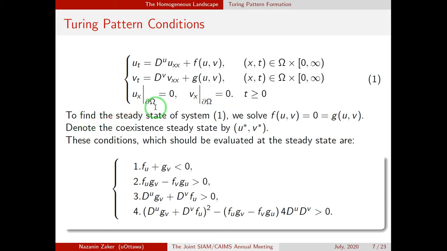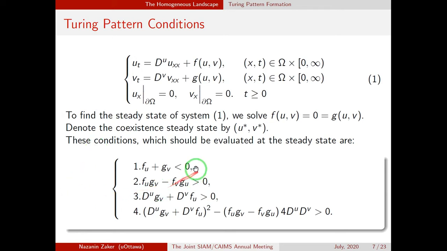As a first step, we need to consider the time-independent problem of system 1 to find the coexistent steady state, which is denoted here by U star and V star. Then we have the following conditions, which should be evaluated at the steady state and guarantee that we get Turing pattern formation with this predator-prey model.